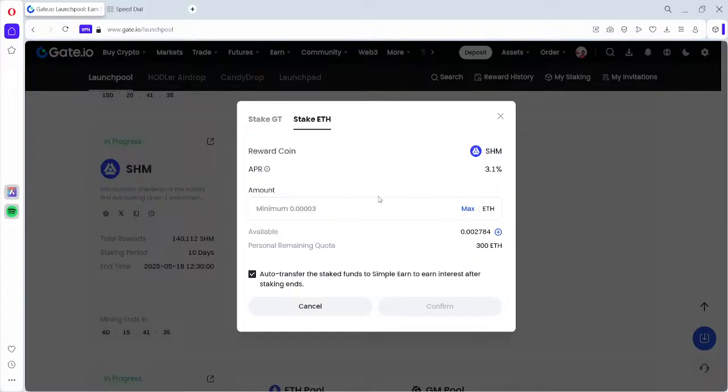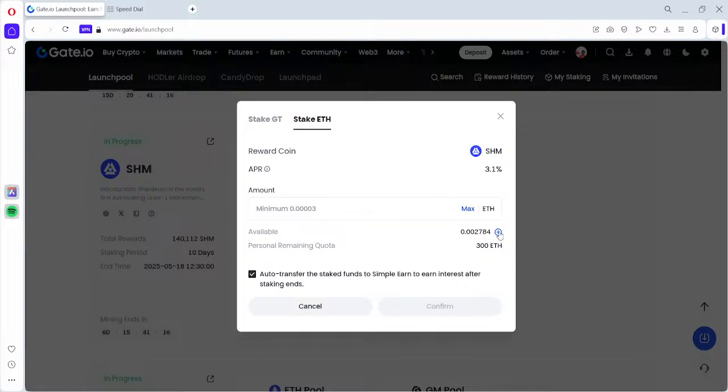So if you don't have Ethereum, then you can go for GT. If you don't have GT, you can go for Ethereum. If you don't have both, just trade for it. Just simple, right? The minimum requirement is so small that we can go with it. And I will tell you how to start buying it.